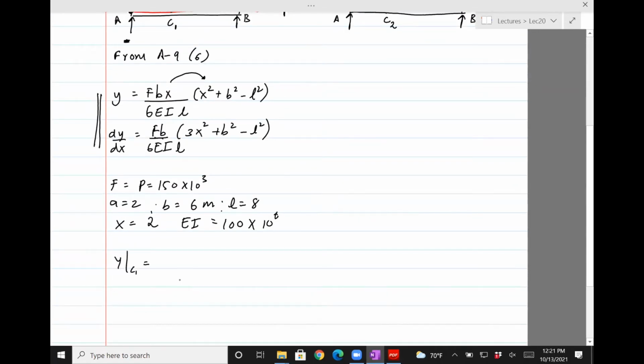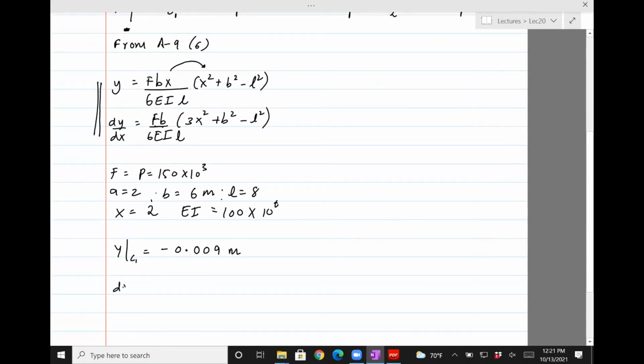So Y at C1 equals, when you put the values in, you get this answer, 0.009 meters. And then dy by dx at C1 is minus 0.003 radians, right? It has dimensions of radians.